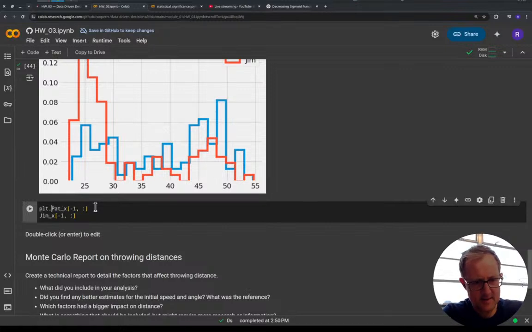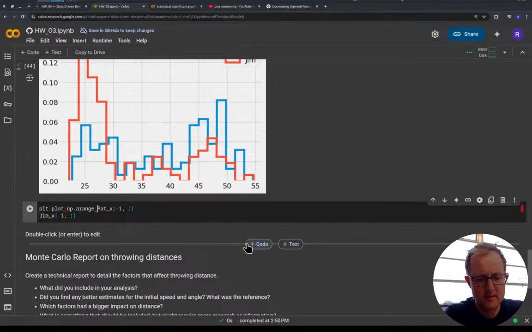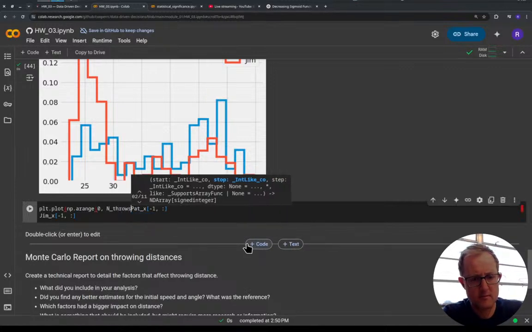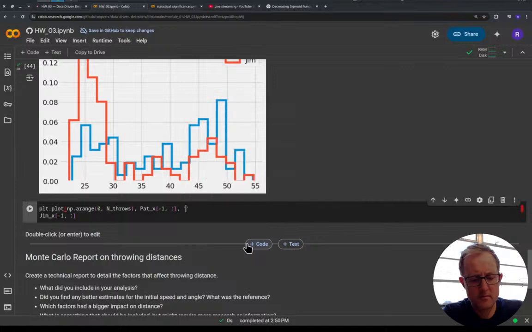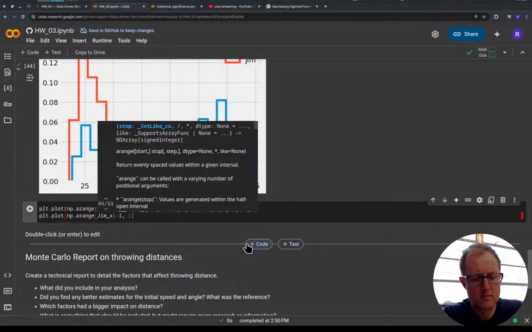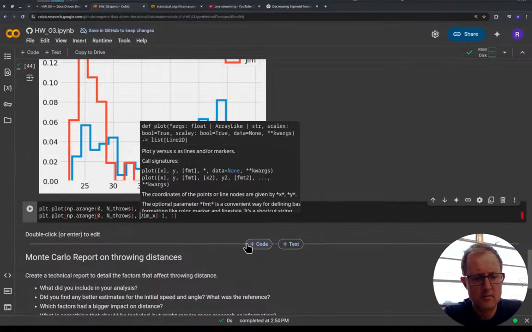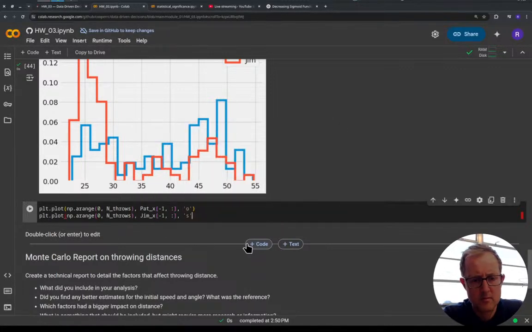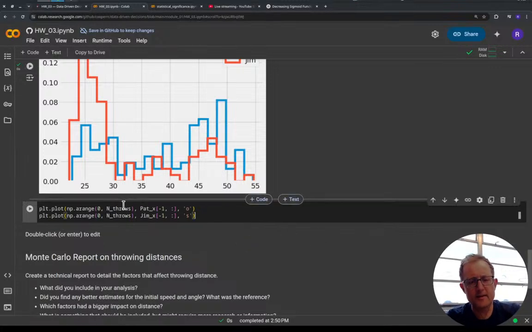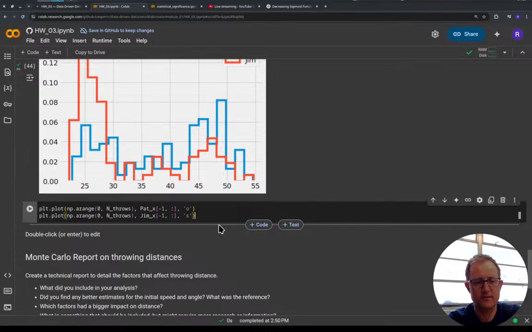What I want to see is a plot of number of throws. So I'm going to plot 0 through the number of throws and just look at how it changed as a function of throw number 1 versus throw number 100.